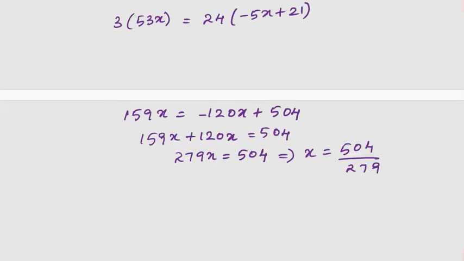We can stop here, or for further simplification we can divide both numerator and denominator by 3. So when we cancel we'll get 168 by 93. So this can be further simplified by 3. So we get 56 and here 31. So therefore x is equal to 56 divided by 31.